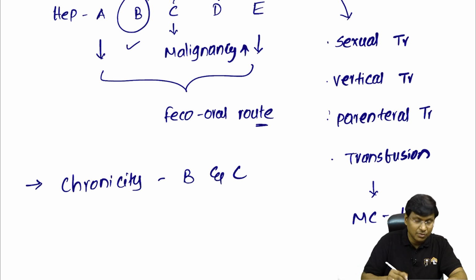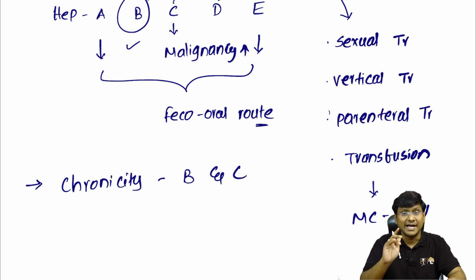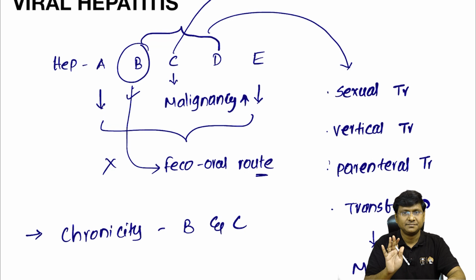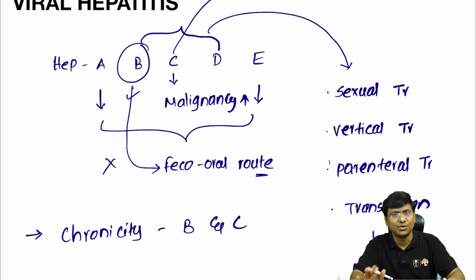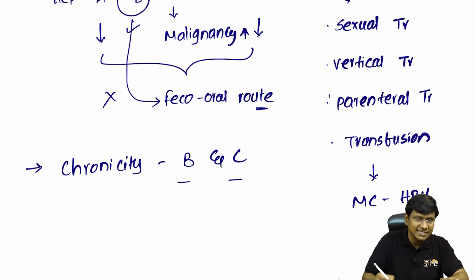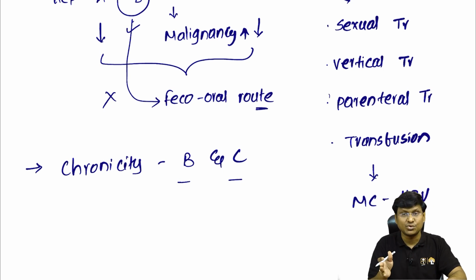Routes of transmission I have already discussed, and please remember that hepatitis B is not transmitted through the feco-oral route. Between B and C, if the question is asked, what is the most common hepatitis that will progress to chronicity?